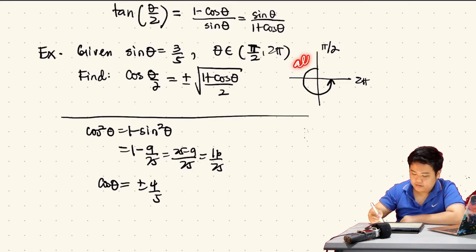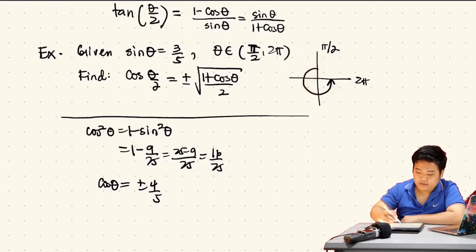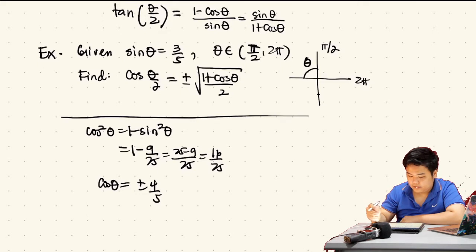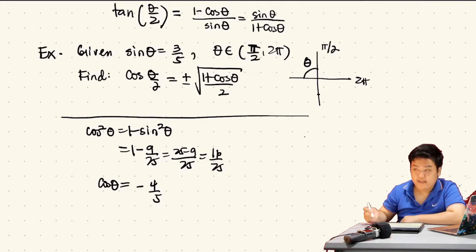So all sin tako. Positive si sine, so quadrant 2 yun, no? Okay. So, sa quadrant 2 tayo magpo-fall. So, andito si theta. So, cosine is negative. Okay? So, mako-complete na natin si cosine theta over 2.